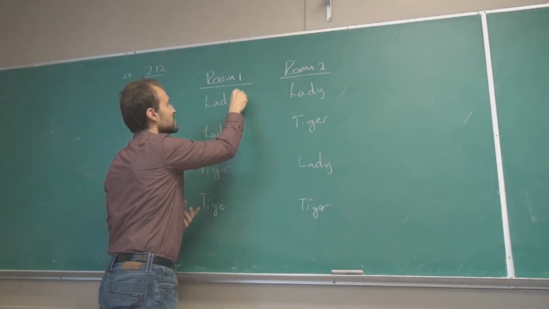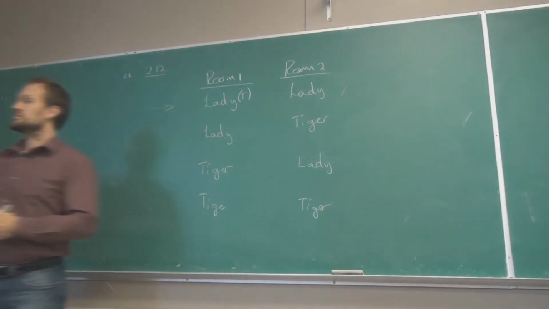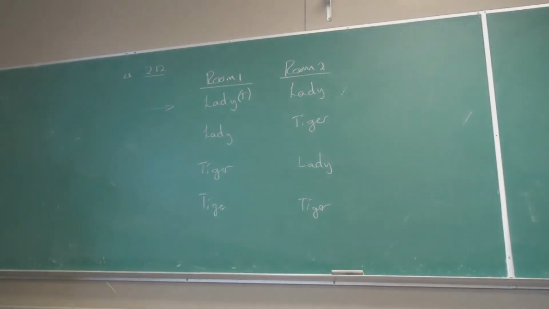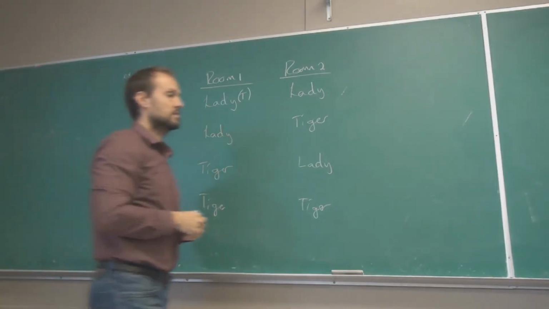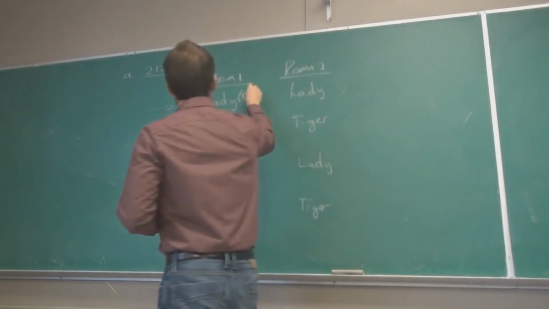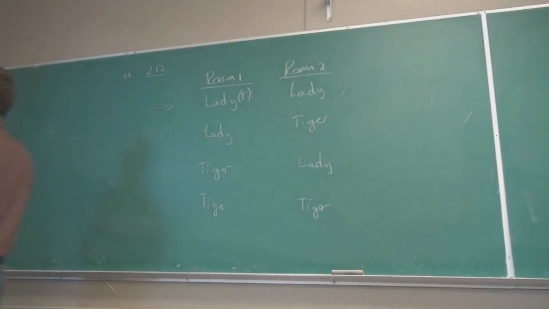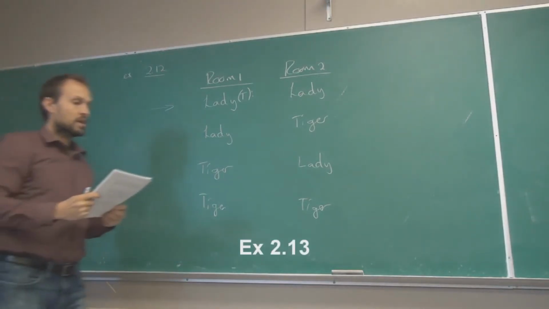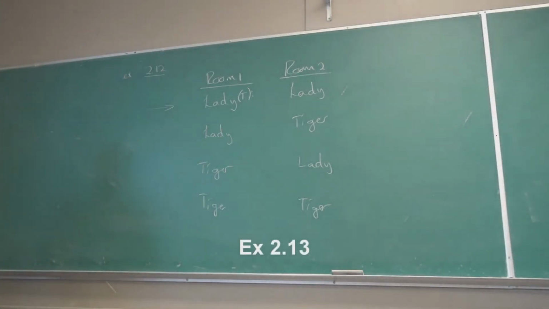So I know that the sign should be true. So I put that in brackets. This is what it's supposed to be, because whatever the king says is fact. And he said, if there's a lady in room 1, whatever the sign says is true. Now let's compare it to what the sign is actually saying in this scenario. The sign on door 1 says, both rooms contain ladies.